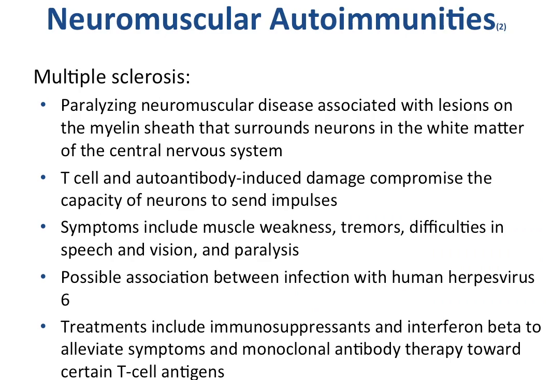Multiple sclerosis, actually, is a paralyzing neuromuscular disease. The T cells and autoantibodies attack the myelin sheath on the neuroaxon. The myelin sheath is a very important structure that helps the nervous action potential travel.